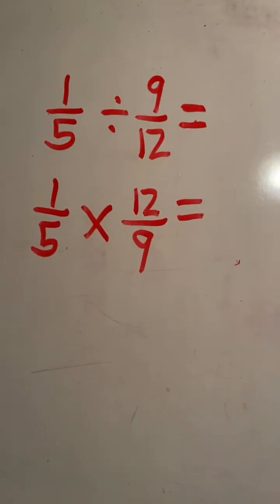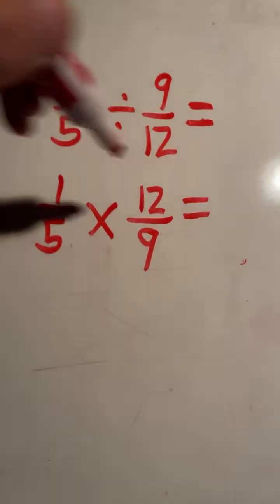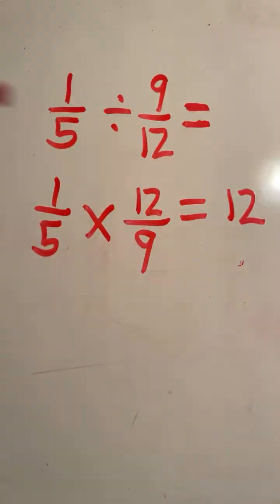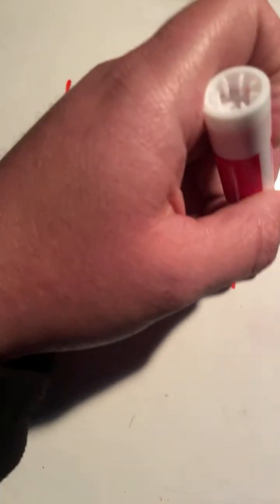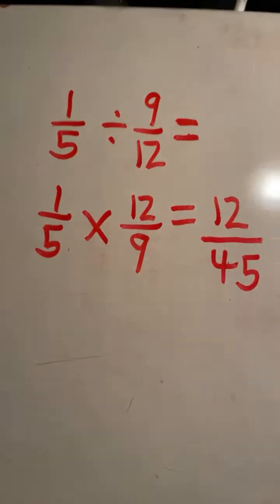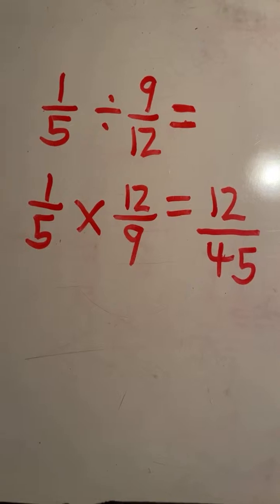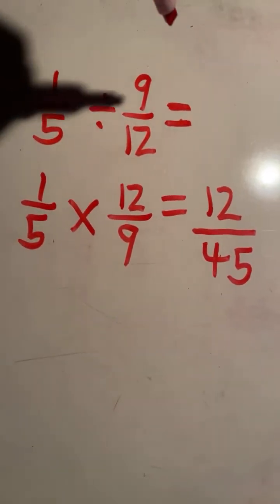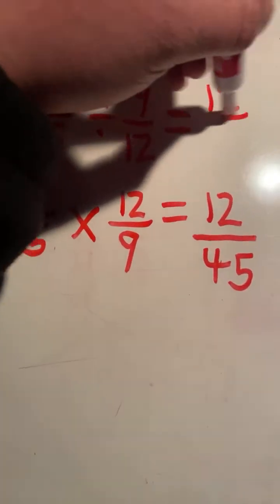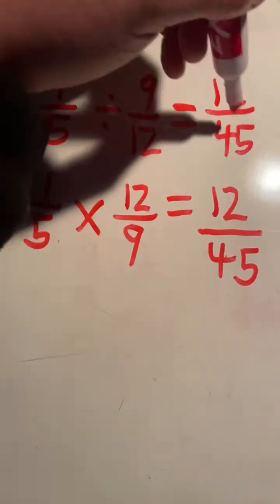Next, we multiply our numerators and our denominators. 1 times 12 equals 12. 5 times 9 equals 45. And we have our answer. 1/5 divided by 9/12 equals 12/45.